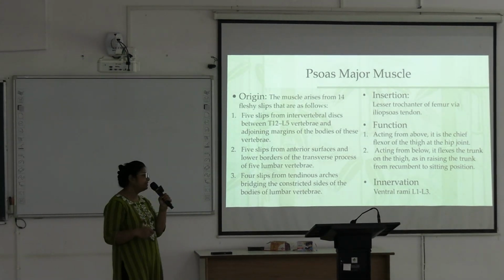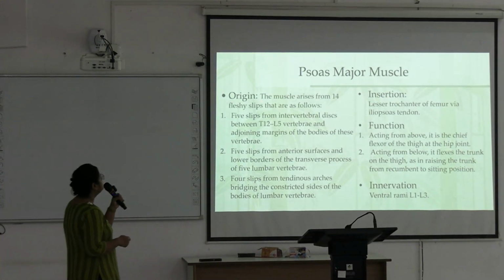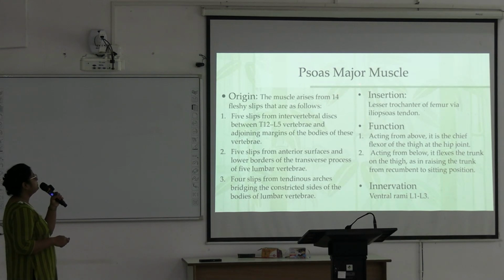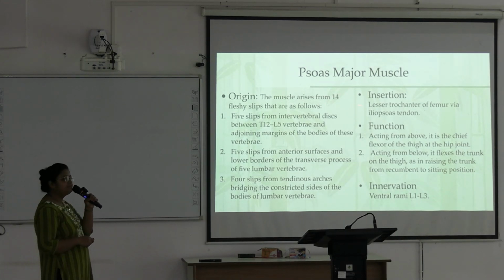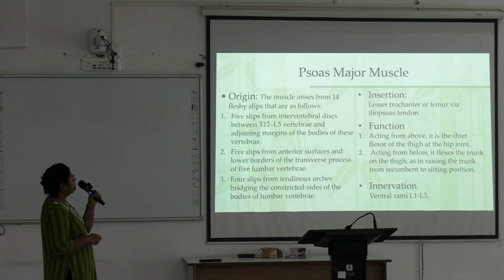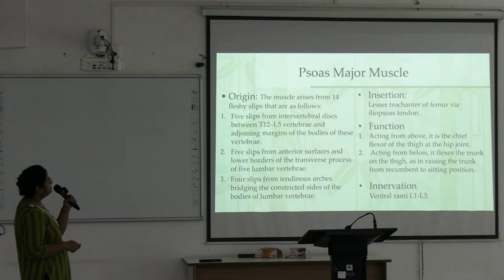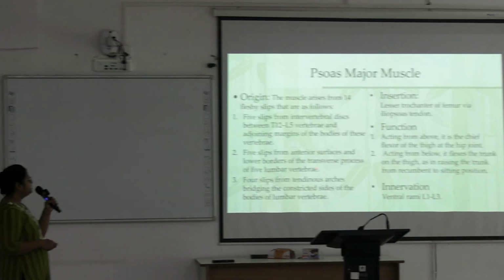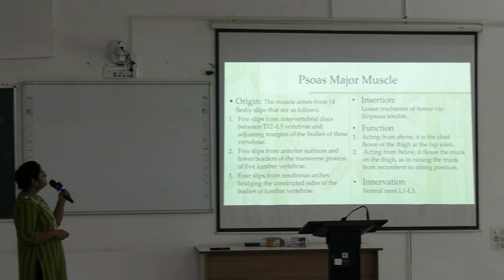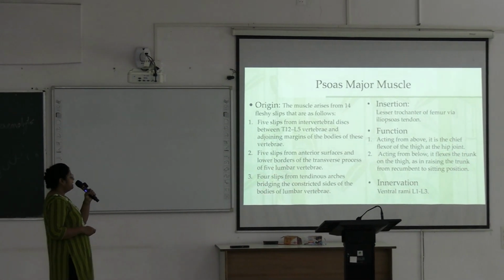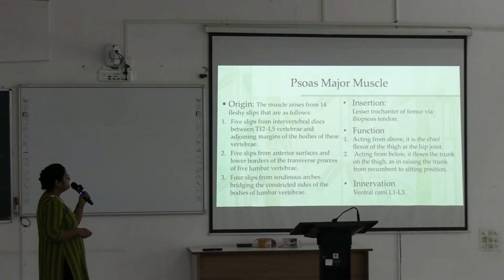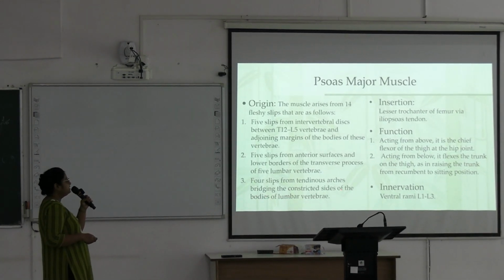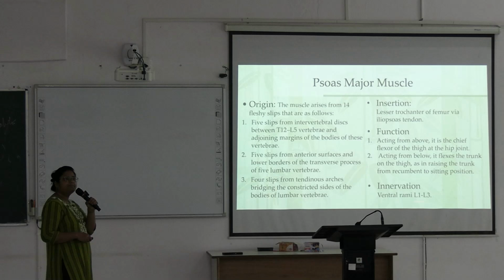OSPE of abdomen. So psoas major muscle origin: the muscle arises from 14 fleshy slips, as follows: 5 slips from the intervertebral discs between T12 to L5 vertebra and adjoining margins of the bodies of these vertebrae, 5 slips from anterior surfaces and lower borders of transverse processes of 5 lumbar vertebrae, and 4 slips from tendinous arches bridging the constricted sides of the bodies of the lumbar vertebrae.